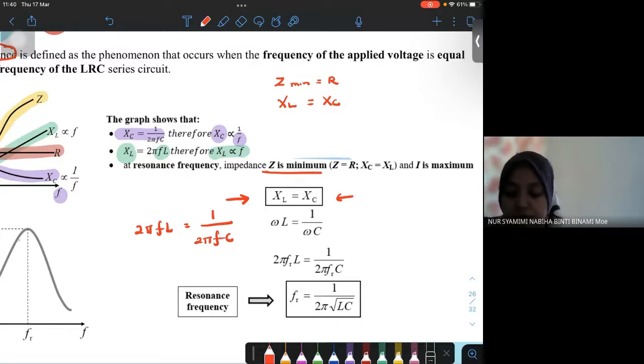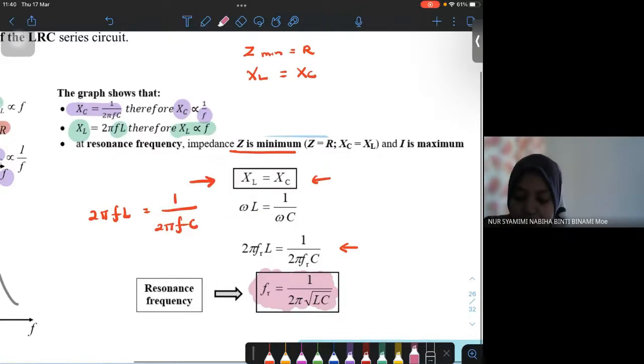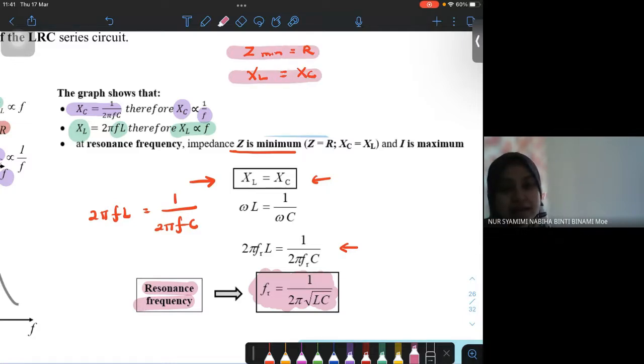Okay. So, kita boleh cari dia frequency, kita susun sahaja balik this equation, kita akan dapat frequency resonance 1 over 2 pi square root LC. And this equation is given in the list of formula. Okay, tetapi apakah syarat untuk resonance terjadi? Dua syarat. Yang pertama ialah Z minimum equals to R dan nilai XL mesti kena sama dengan nilai XC.